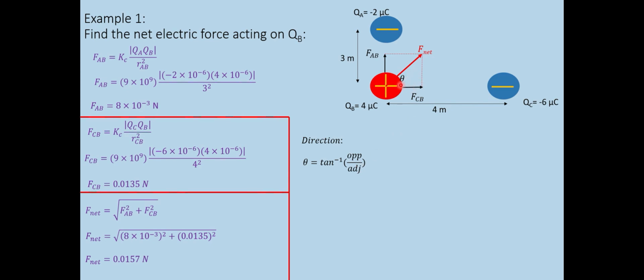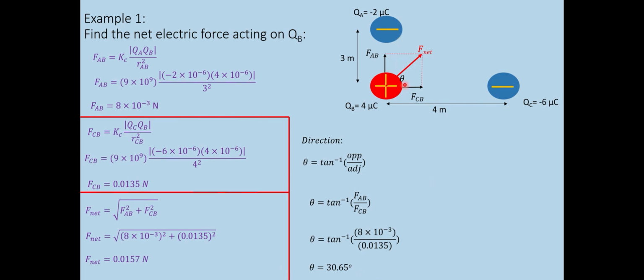If I use this triangle, I will say this is the angle theta and this side is opposite to theta. The length of this side is equal to the length of FAB. So the opposite to this angle is FAB and the adjacent is FCB. We replace the values that we found, and we find the angle. It will be 30.65 degrees.